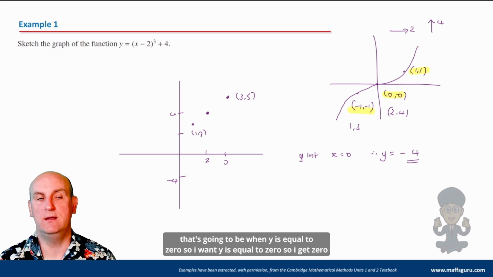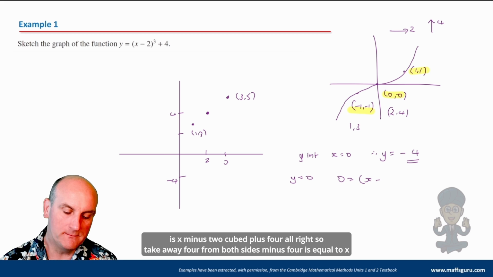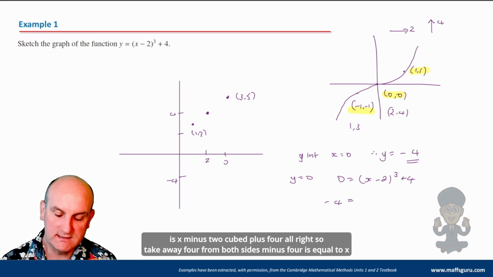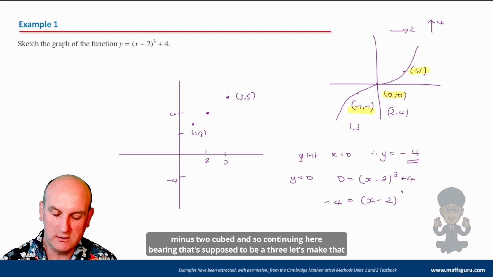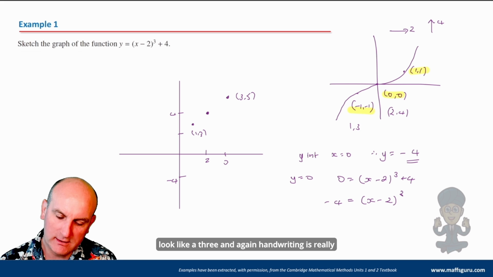What about my x-axis intercepts? Well, that's going to be when y is equal to 0. So I get 0 is (x minus 2) cubed plus 4. All right, so take away 4 from both sides. Minus 4 is equal to (x minus 2) cubed. Bearing in mind that's supposed to be a 3, let's make that look like a 3.